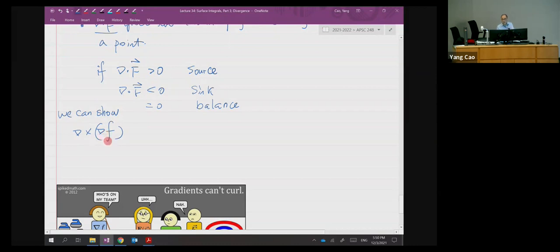It gives you a gradient vector. If you calculate the curl of the gradient vector, you can easily prove it's 0. So if you calculate the curl of the gradient vector, you get 0.